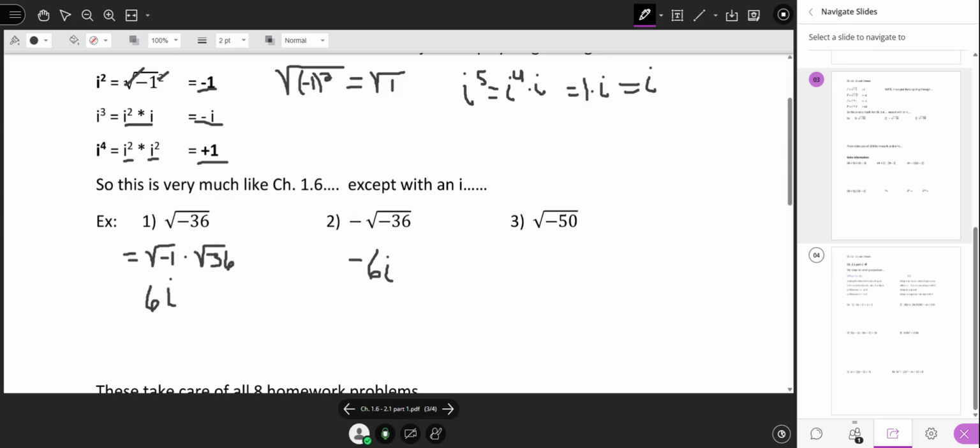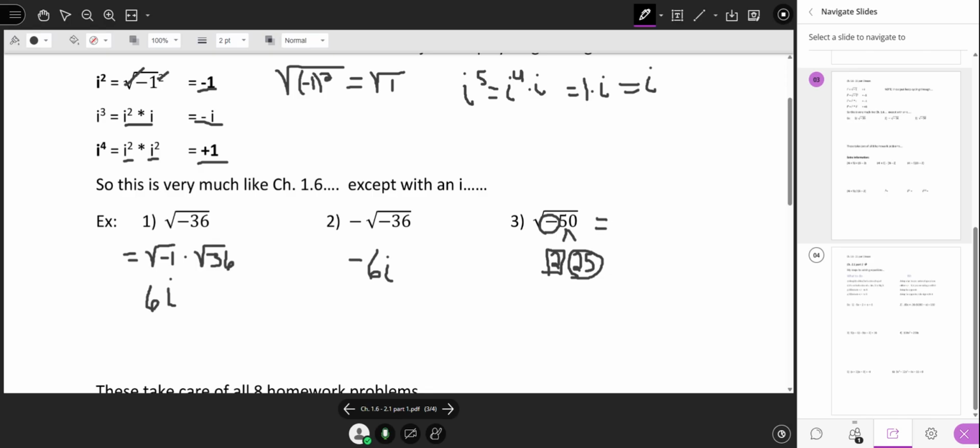And then you throw in something nasty like this. So then you've got 25 times 2. The square root of 25 is 5. But then you've got that scoundrel, and the square root of -1 is i.